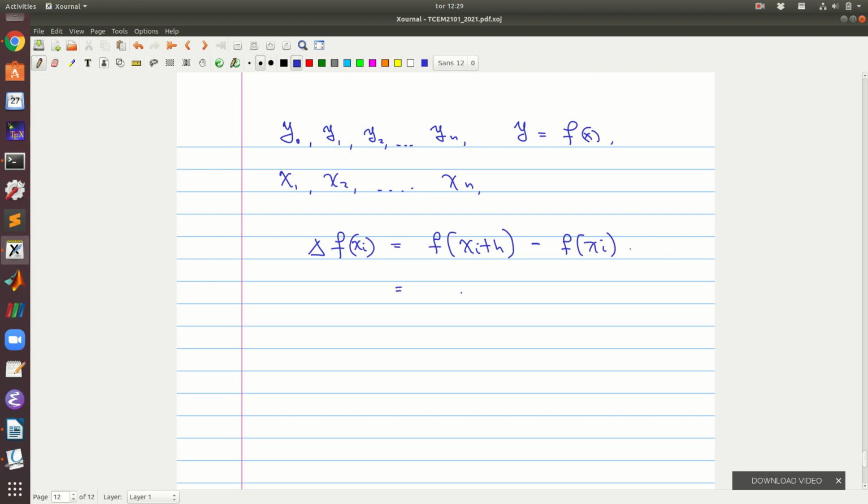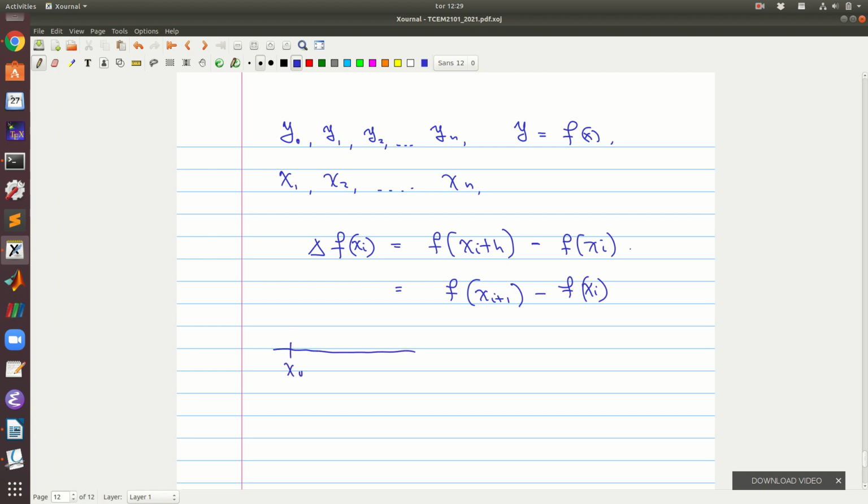We can write this f of xi plus h in this form, where we write f of xi plus 1 minus f of xi. Why do we write f of xi plus 1? Because we know that f of xi plus h is just going to give us the next point.